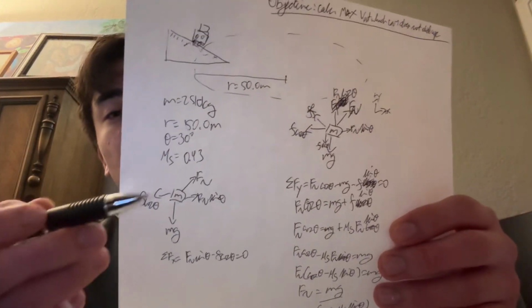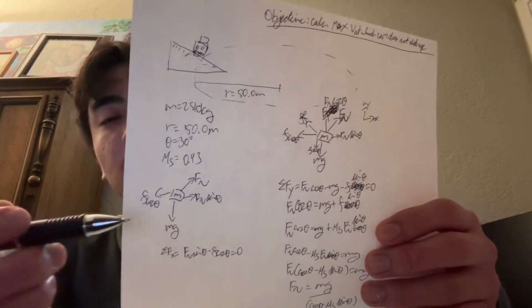We have our normal force sine theta. And now our sum of forces x is equal to Fn sine theta minus cosine theta equals 0, right? Because we have our x's and they cancel out, so that's why they equal 0.